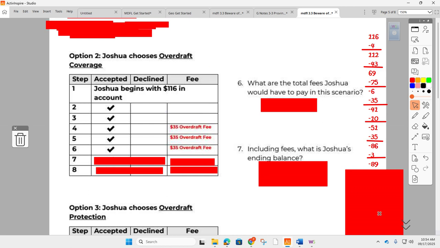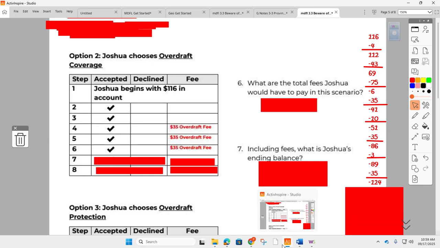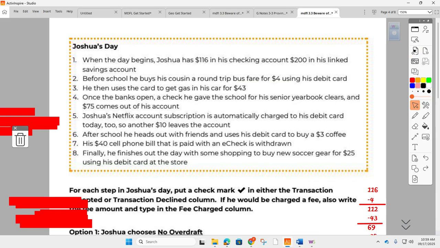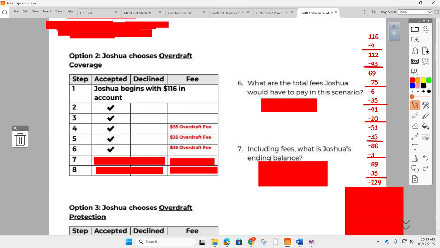So now he's down to negative $124. $40 cell phone bill. He has no money. They will accept it. Have to take it out of his account. Are they going to charge him a fee? Zara says no. Ezra says no. You're right.